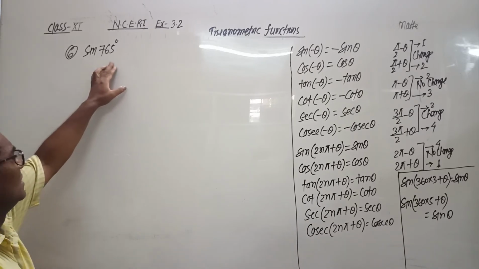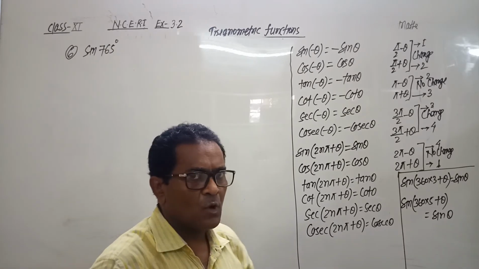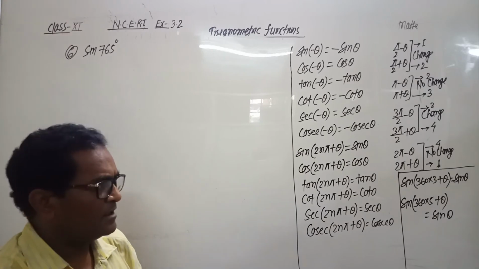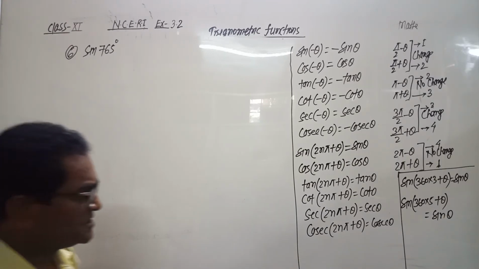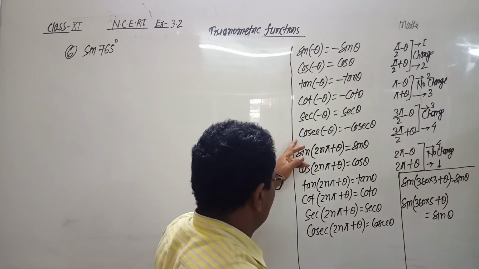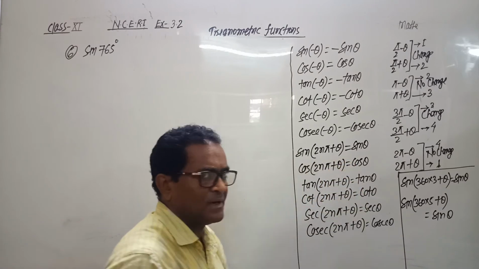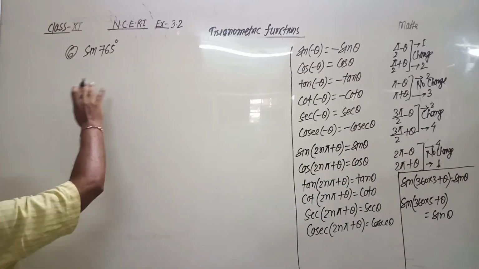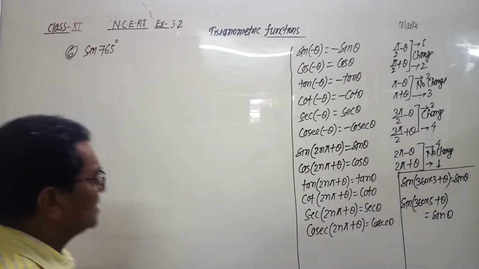If the angle is more than 360, as for example 765 is greater than 360, then in the very beginning we use this formula 2n pi plus theta. We will write 765 in terms of 2n pi plus theta.